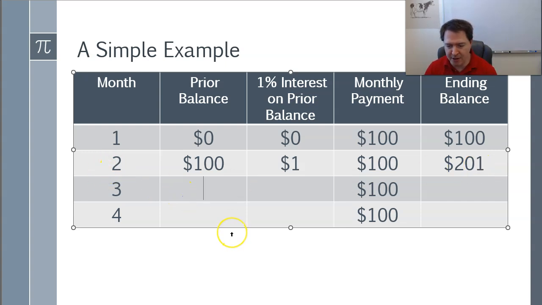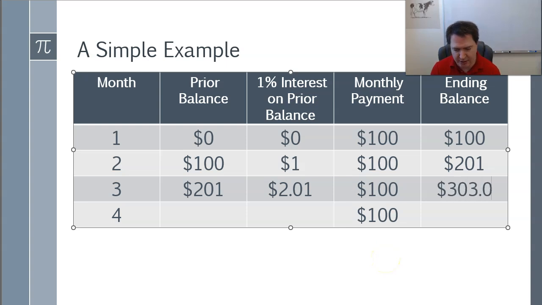Now if I go over to month 3, I'll have $201 at the beginning of that month. I'm going to get my 1% interest off of that, which will be $2.01. And then if I add up that row, $201 plus $2.01 plus the $100 that I'm going to be putting in every month, that will get me $303.01, which will then be the beginning amount for month 4.